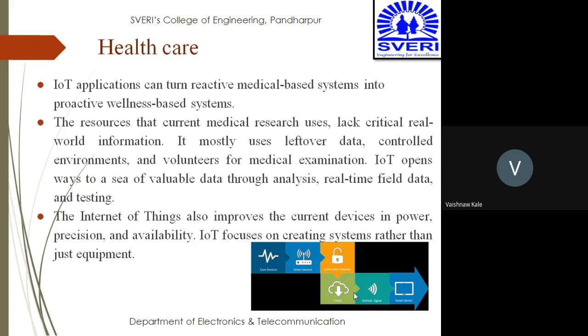Obviously, the precision and availability has been increased a lot. Earlier there were devices which were completely analog, where the approximation data was considered. But nowadays, when we are moving into the digital world, the Internet of Things has brought precision into a very important concept, and also the availability of the devices, and has made it very easy for the doctors.